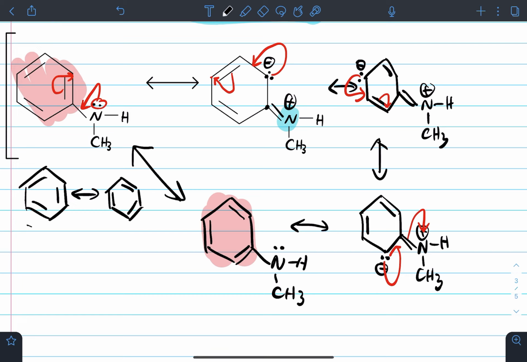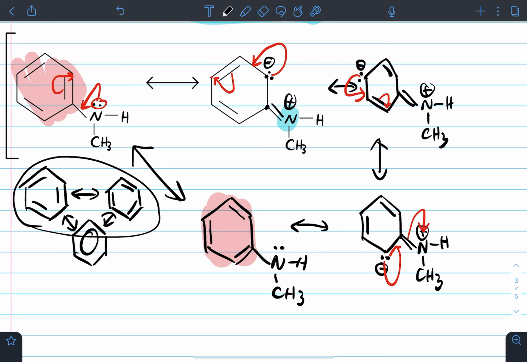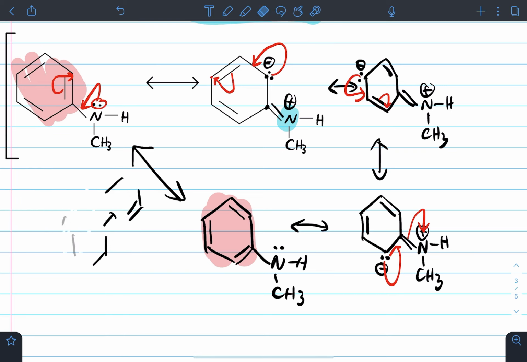It keeps going. This happens simultaneously, all the time. That's why sometimes we also see a structure like that. These are all equivalent. Perfect. So this is the resonance structure of this problem.